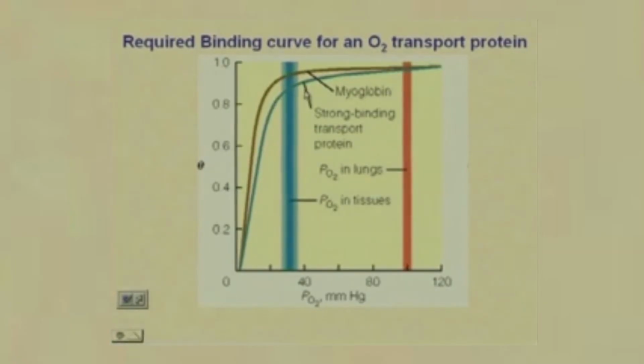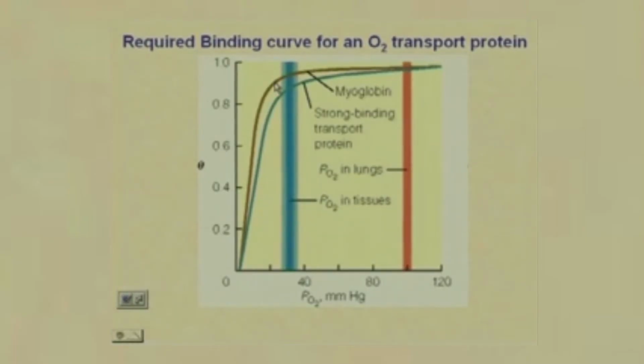What we have in the blue curve here is a strong binding. Why do I say a strong binding? If you have a hyperbolic curve, it means that even at a low pressure of oxygen, you have reached 80% saturation. Is that clear?